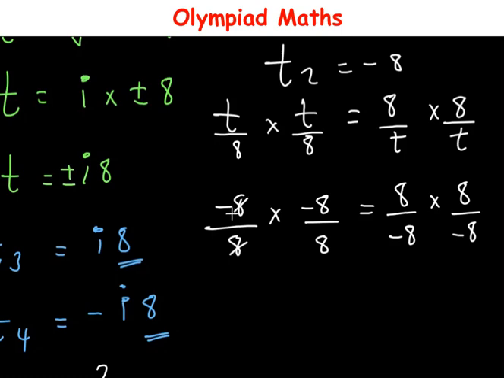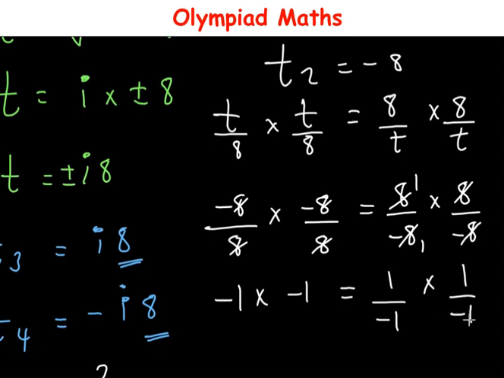Now 8 cancels 8, we have minus 1, times minus 1, will equal 8 over minus 8 is 1 over minus 1, times 1 over minus 1.